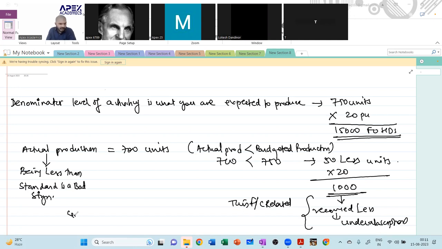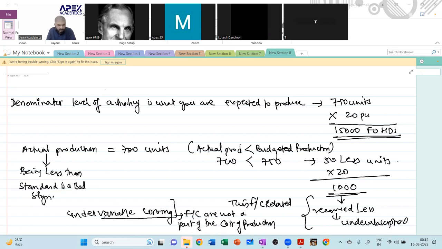But understand, under variable costing, fixed costs are not a part of the cost of production. Therefore, under variable costing, this under absorption is ignored.